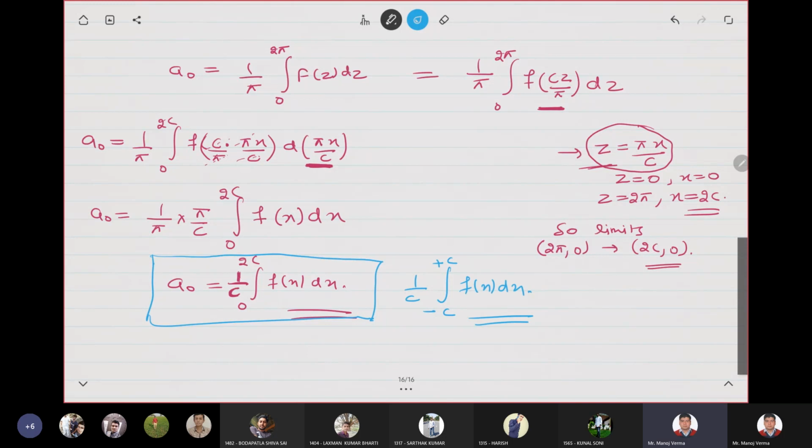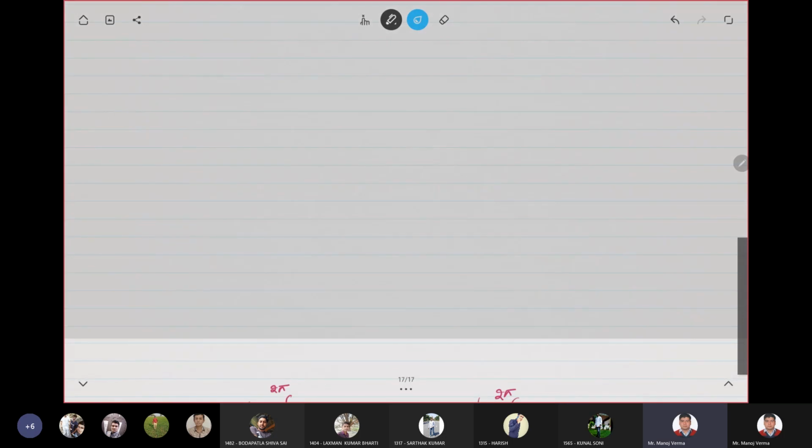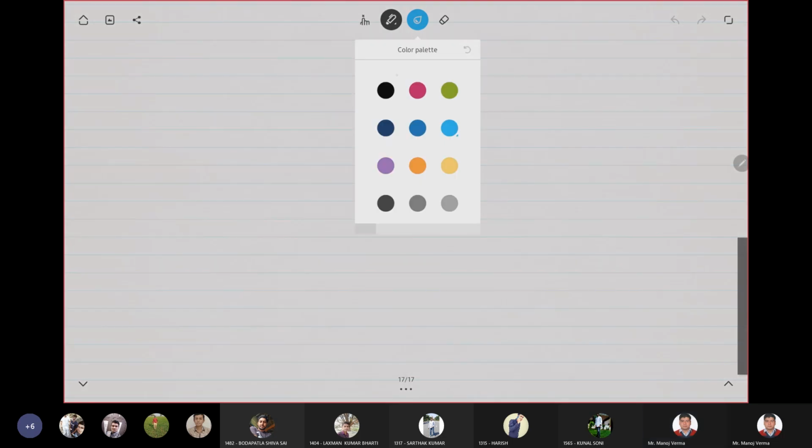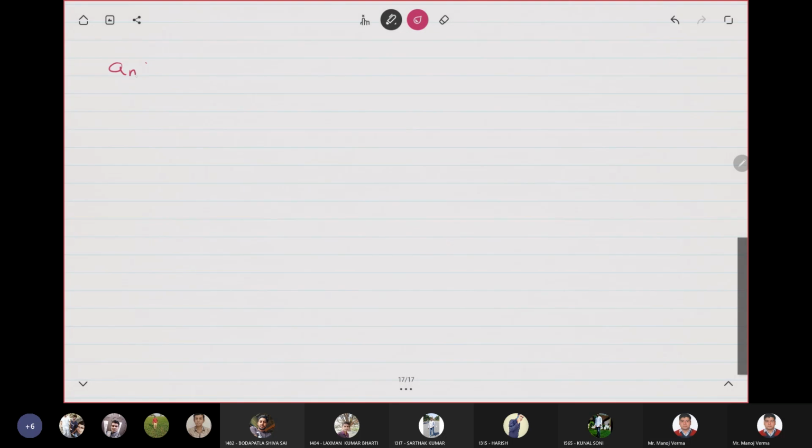Similarly, with the same concept, if you express the values of an and bn, the value of an will become 1 over pi, 0 to 2 pi. This was the standard value: F of z cos nz dz.